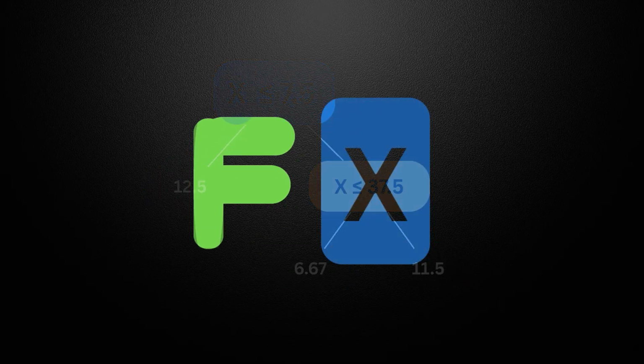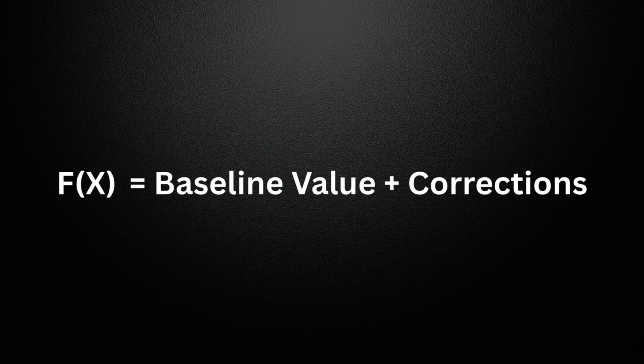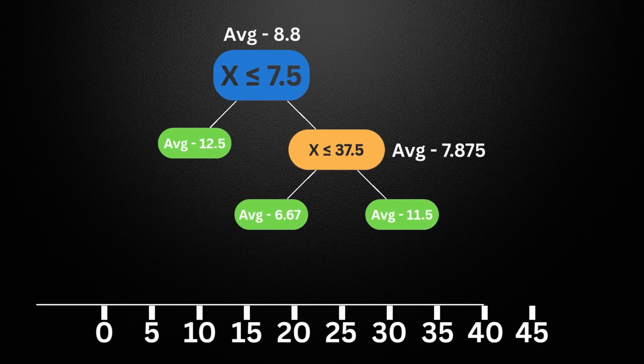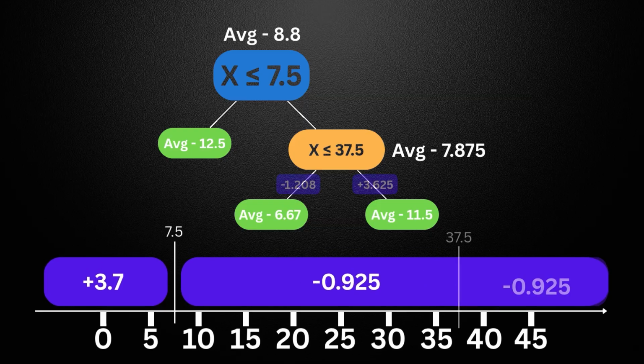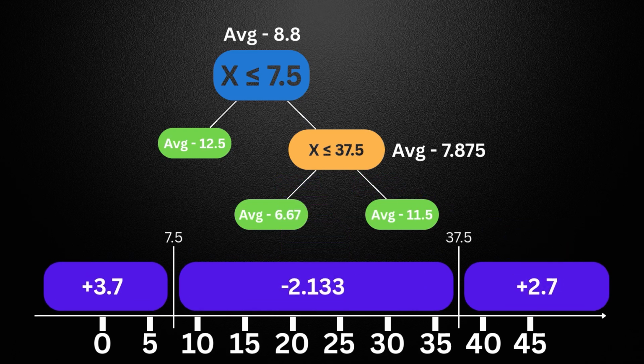We'll call the model's prediction rule a function of x. That just means what number the model outputs for an input x. In our case, the function of x is to start with the baseline, where the mean is 8.8, and then send x down the tree to a leaf and read off that leaf's correction, and add that correction to the baseline.